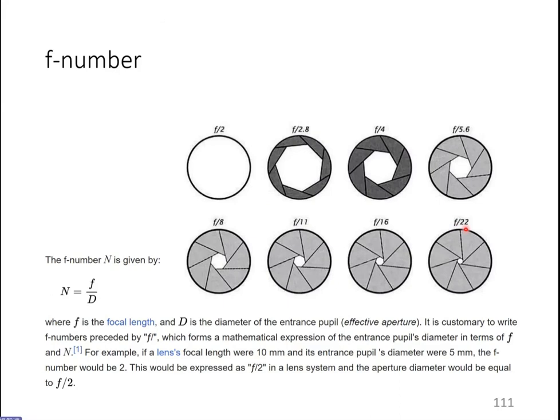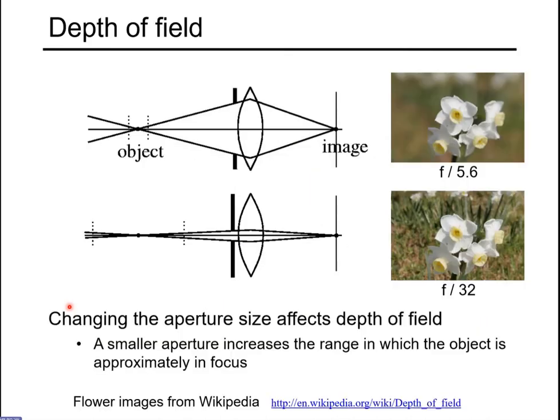If the F number is large, you reduce the size of the aperture to be very small, because this is a ratio. And what is the result? If you use a small F number, then you usually can get light, but your background objects usually will be blurred. And if you use a large F number, then you will see a clear background.